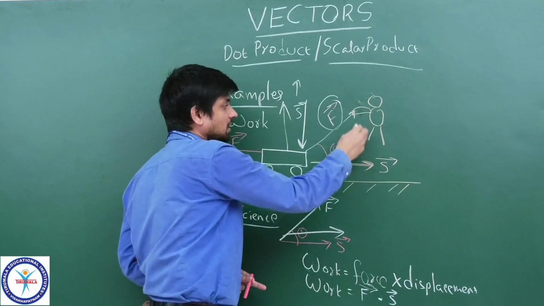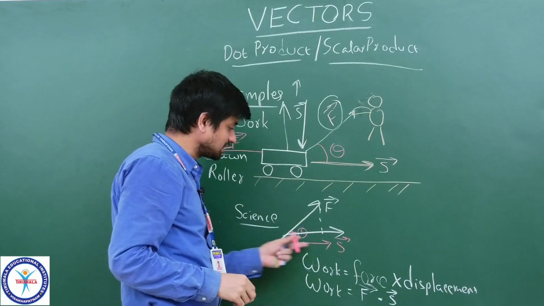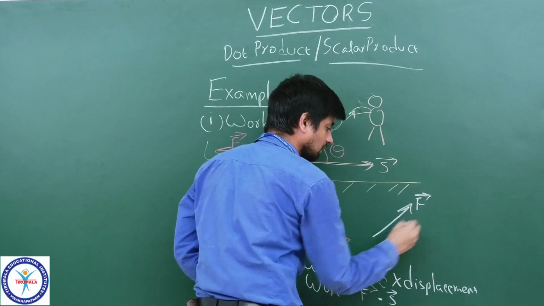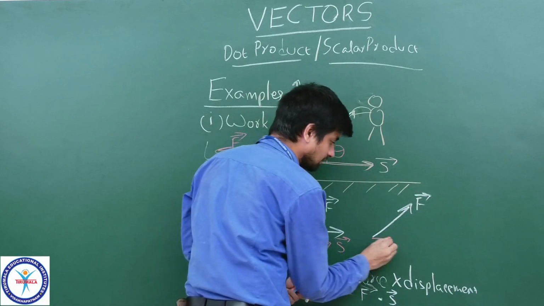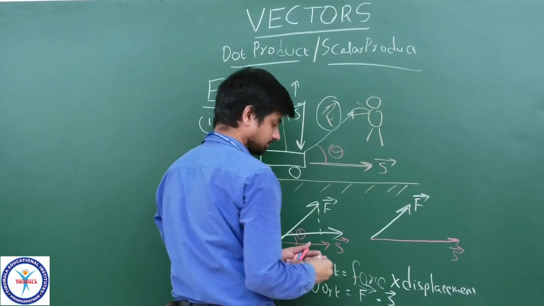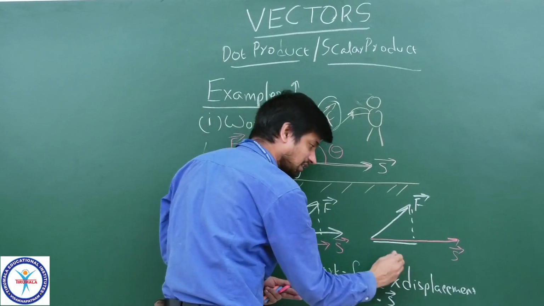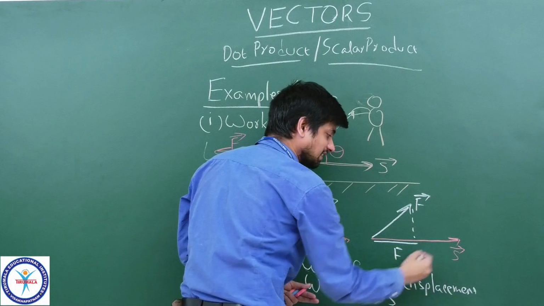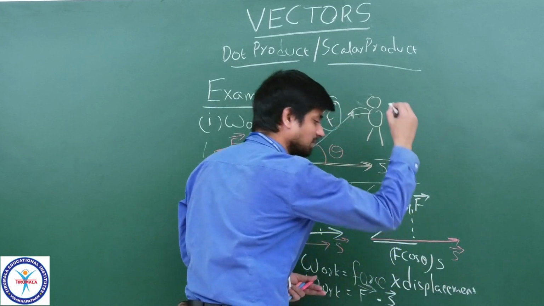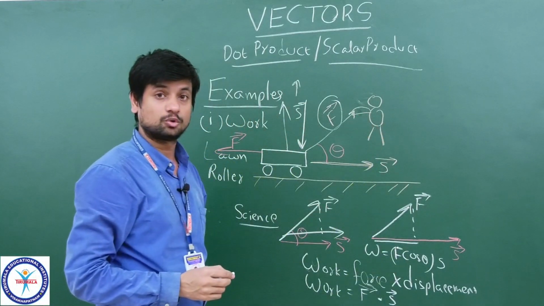How much will this force give the projection on this vector S? This is F, and this is the displacement. How much is its projection here? This much. So F cos theta times S must be multiplied to get the work.